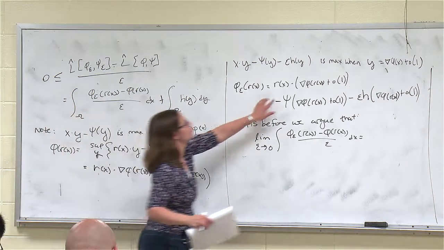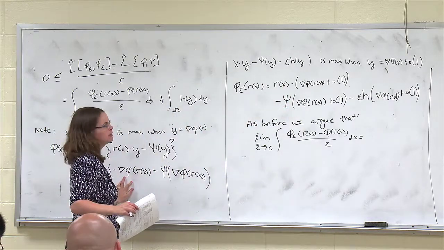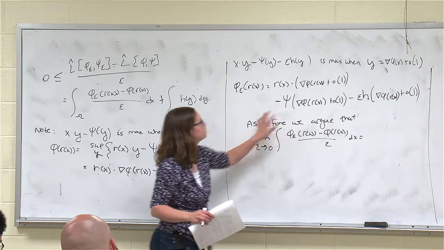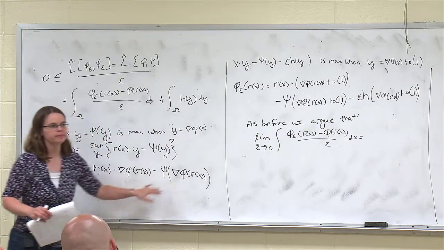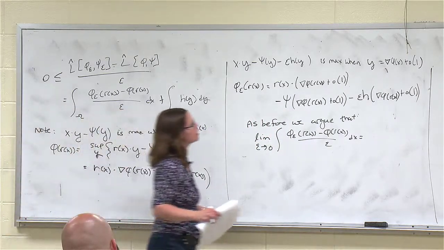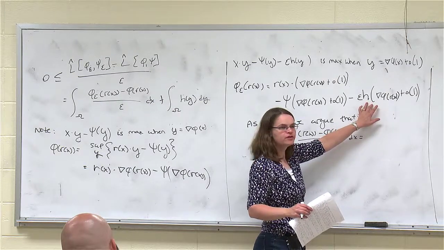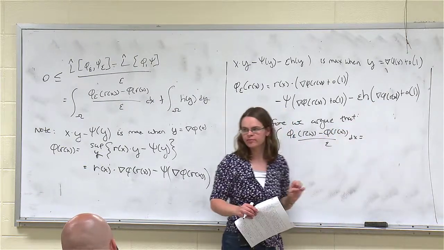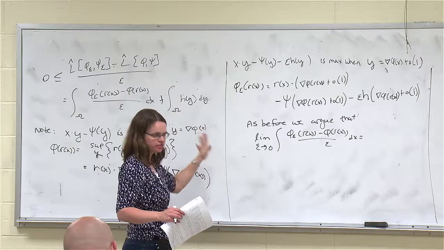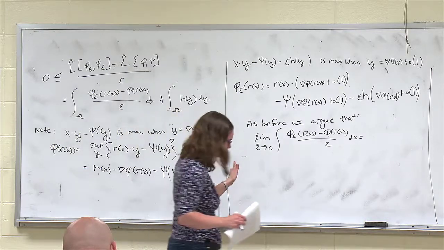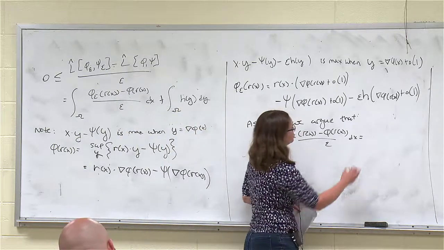We get more or less cancellation of this term, and more or less cancellation of this term. And we're left with this term, and we have to divide out the epsilon. Again, the details I'm not working out here, but you can go back and see how we did them.